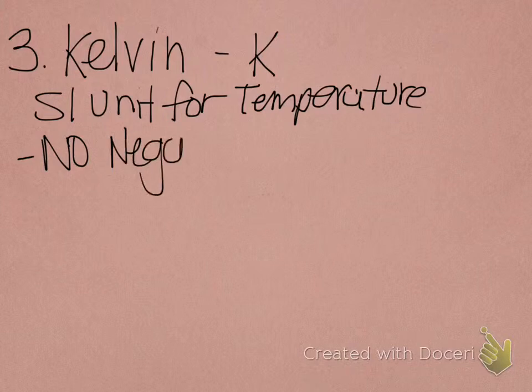So you might be wondering, like, okay, well, there's negative 30 degrees Fahrenheit or there's negative 10 degrees Celsius. There are no negatives in Kelvin. So if you ever are doing a problem and you get negative K, you did something wrong. Okay, so make sure that you're aware of this. If you ever see a negative Kelvin, something is wrong somewhere.